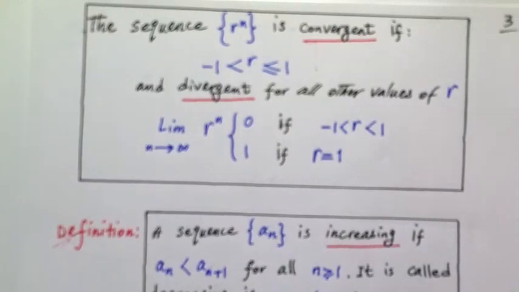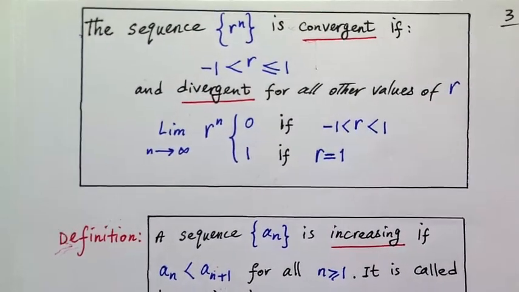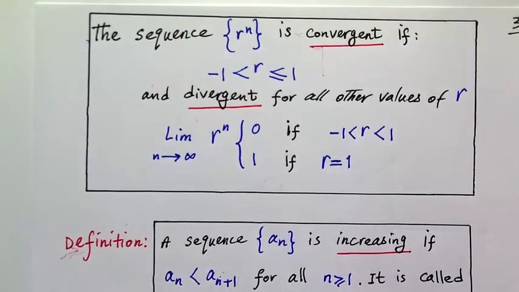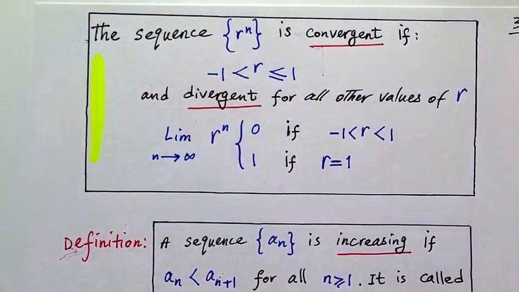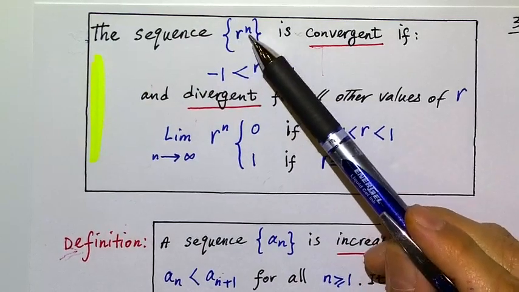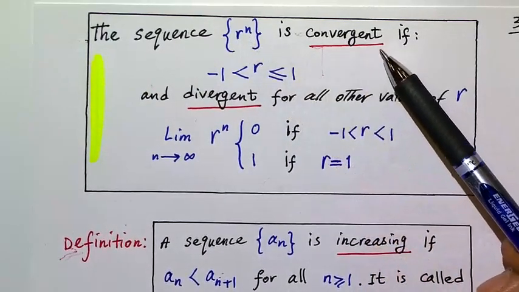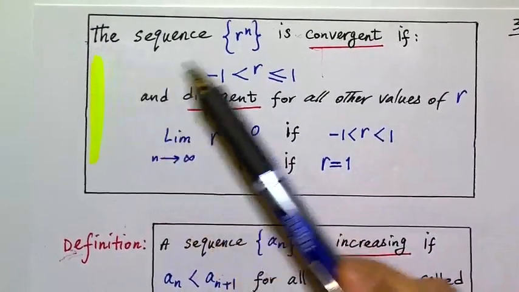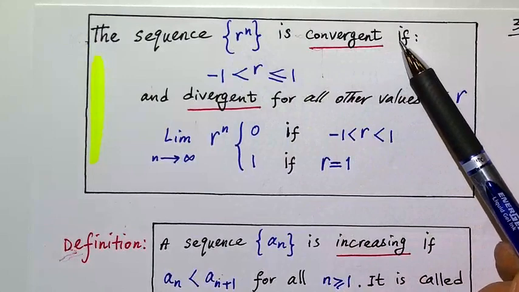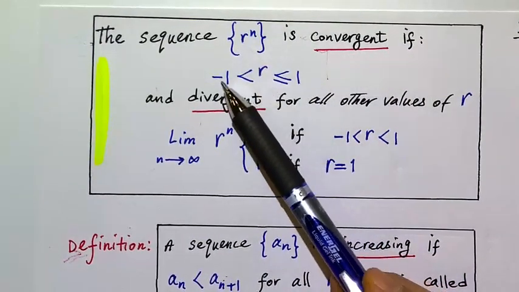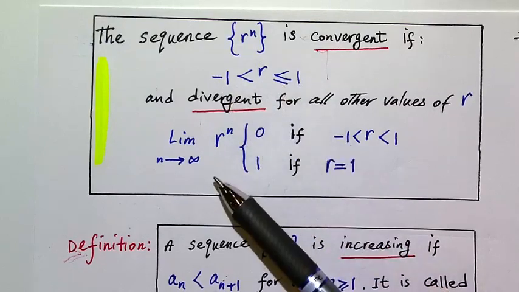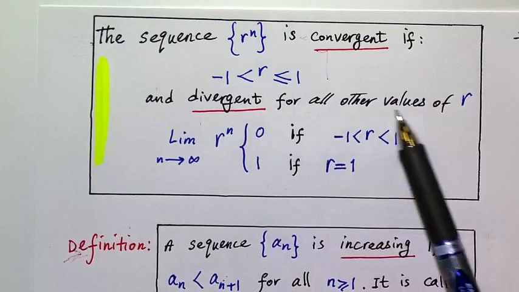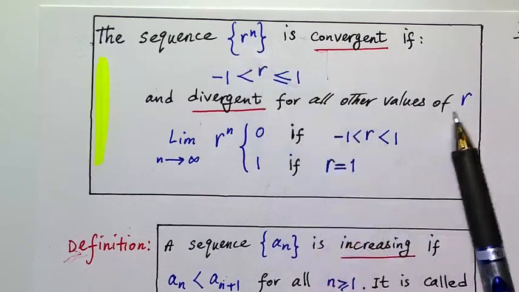This is again one of those very useful theorems, maybe I should mark these. Definitely this one, I will highlight it. The sequence r to the n power is convergent if the base r is greater than -1 and less than or equal to 1, and divergent for all other values of the base r.